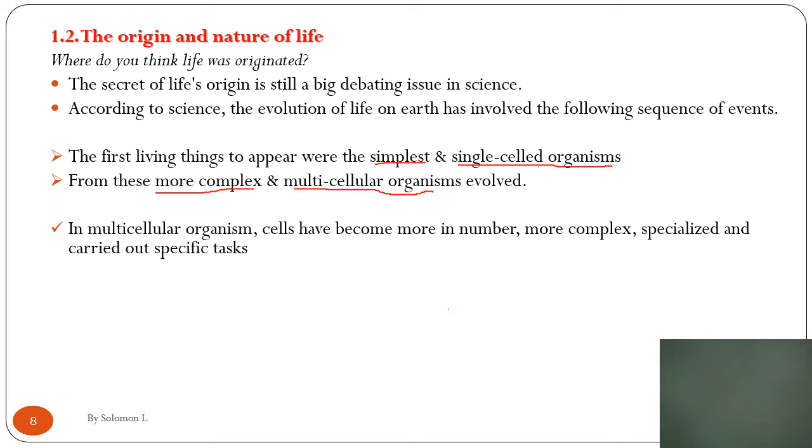So the first organisms that appeared on Earth were the simplest and single-celled organisms according to science. Multicellular and more complex organisms evolved from these simplest single-cell organisms.